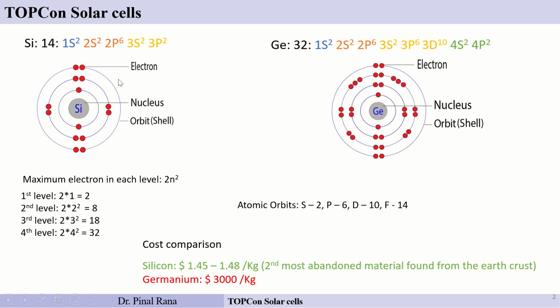Based on this energy level, we can understand that at the valence band, or the outer electron band, the p level should have 6 electrons, but for silicon at the p level there are only 2 electrons, so there is a shortage of 4 electrons.